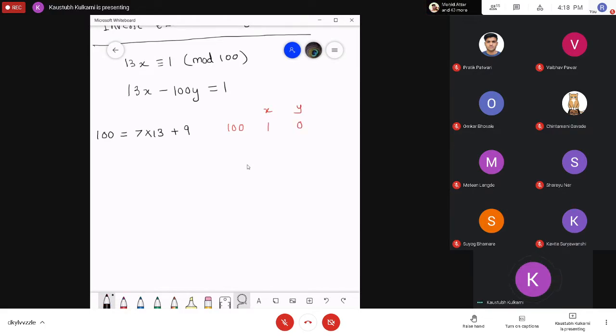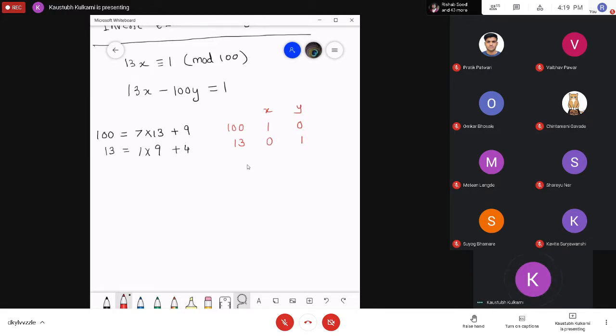Then 13 shifts left and we divide. So 13 shifts left, 9 is the remainder. Correspondingly in the table, 13 has x as 0 and y as 1.